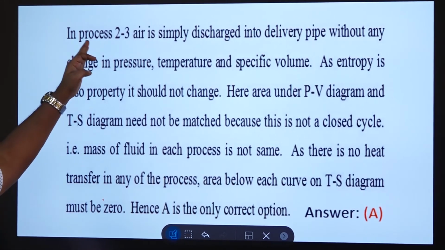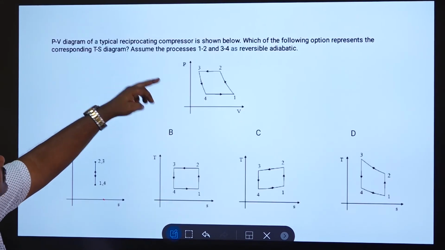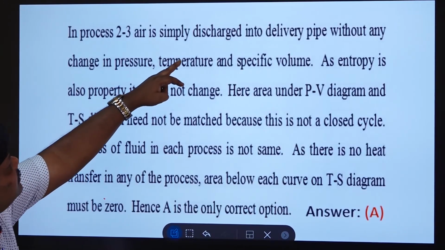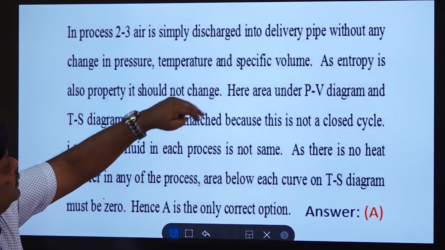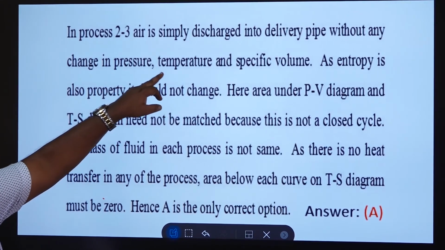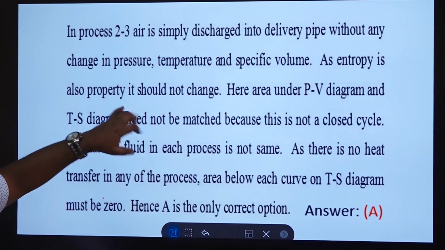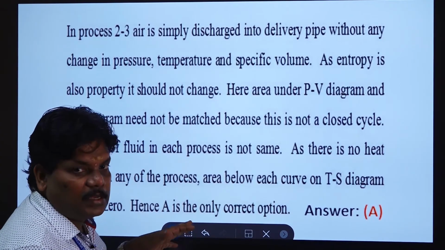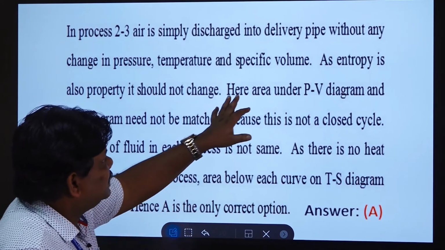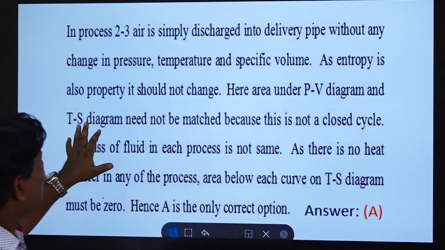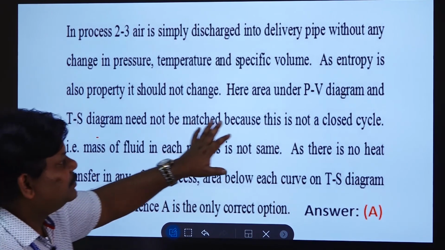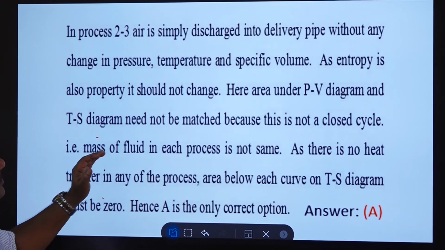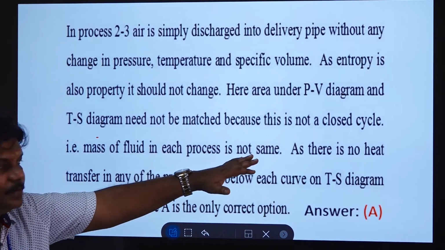In process 2 to 3, air is simply discharged into the delivery pipe without change in pressure, temperature and specific volume, and entropy is also a property which should not change. So this is the reason the answer is A. But here the area under the PV diagram and TS diagram need not match, because this is not a closed cycle and the mass of fluid in each process is not the same.